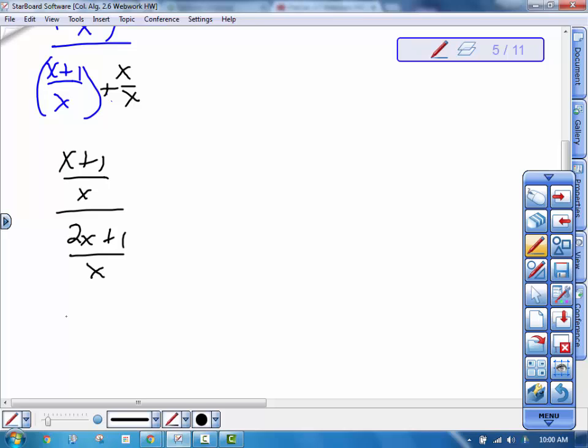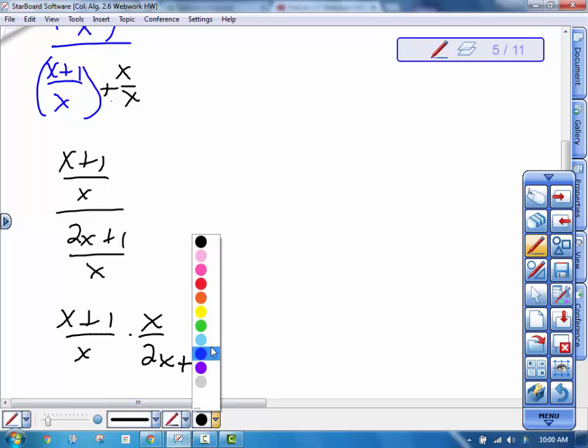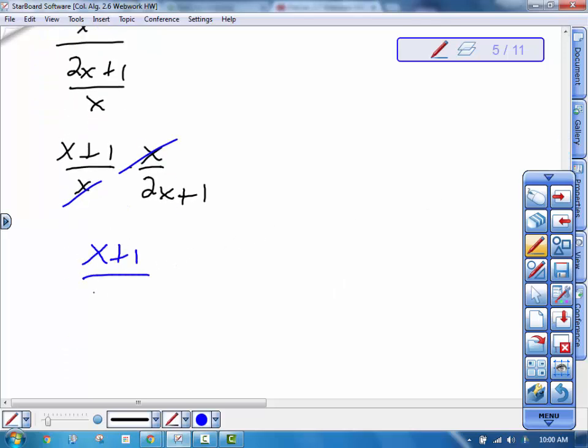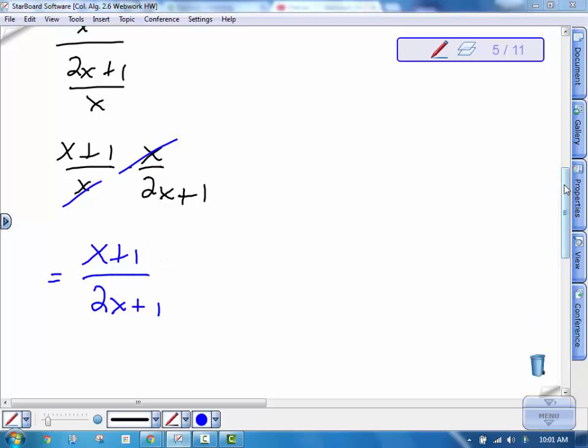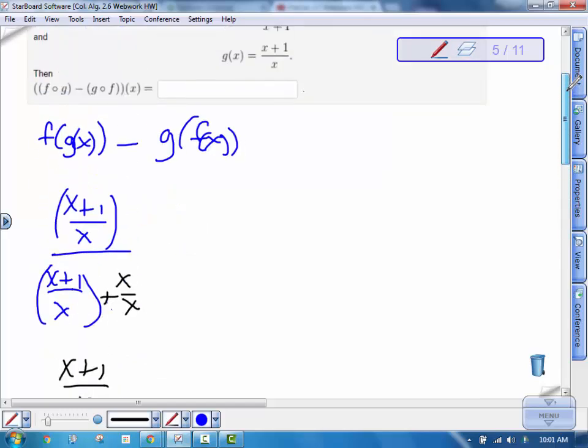So instead I'm going to multiply by the reciprocal, which would be x over 2x plus 1. Now the x's would cancel, and I would get this fraction x plus 1 over 2x plus 1. So there's my simplified composition for f of g of x.